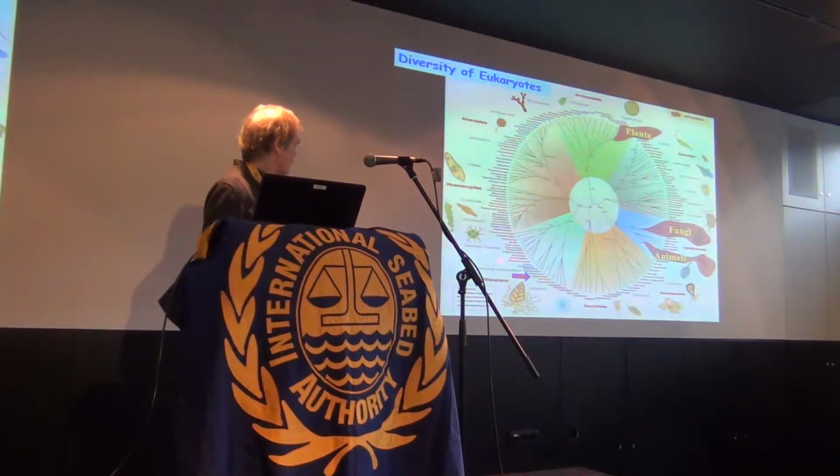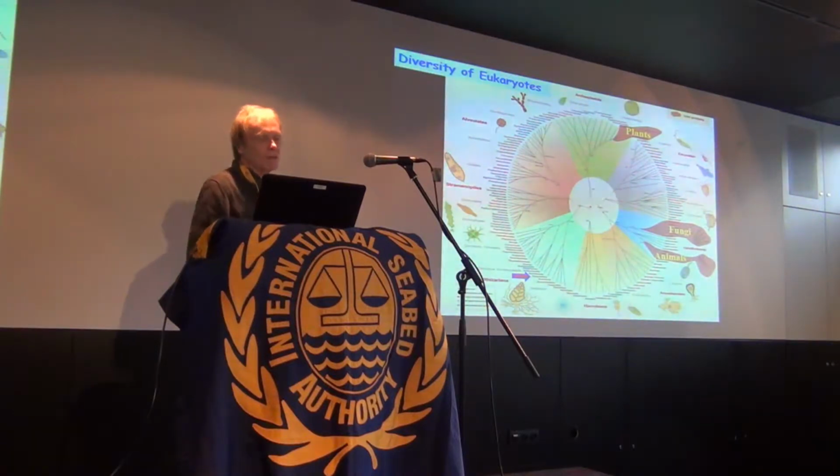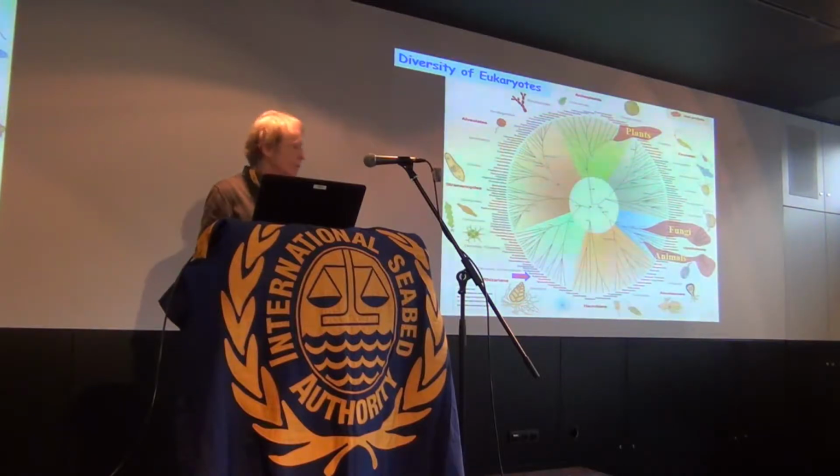And the forams sit down here. They're in a group called the Rhizaria, and the foraminifera are unusual amongst these single-celled eukaryotes in that they span quite a large size range. So some of them you can actually see. I should say that most of these lineages are protozoans, and so forams are protozoans.